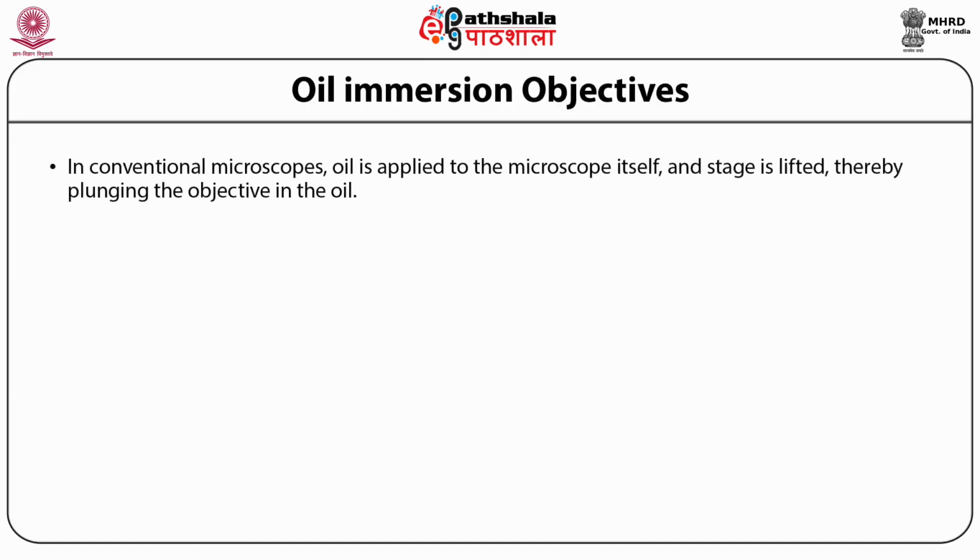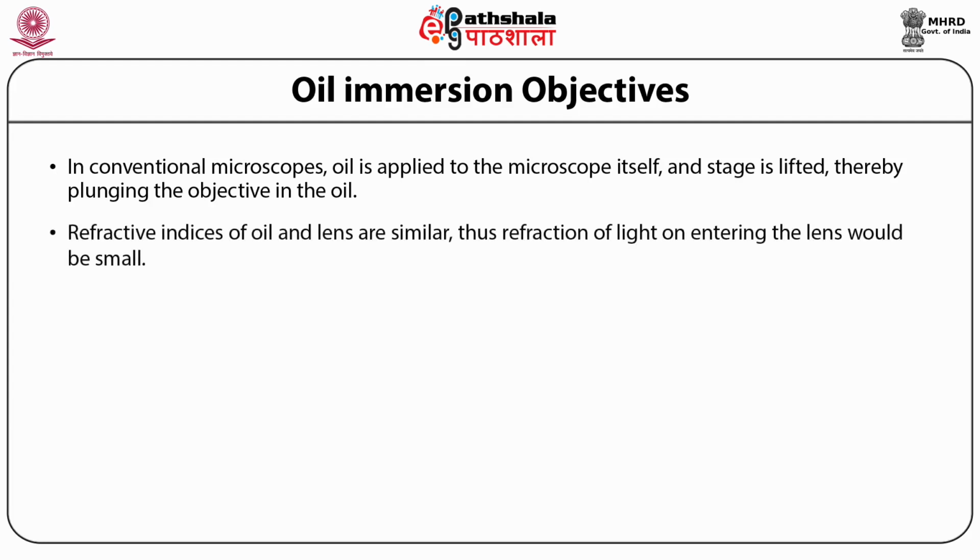In conventional microscopes, oil is applied to the specimen and the stage is lifted, thereby plunging the objective in the oil, whereas the oil is indirectly applied to the objective in inverted microscopes. The refractive indices of oil and lens are similar.